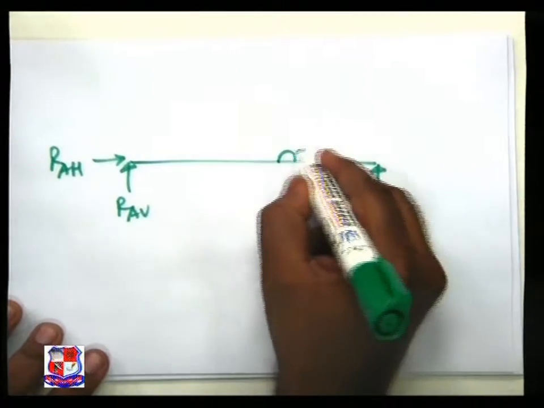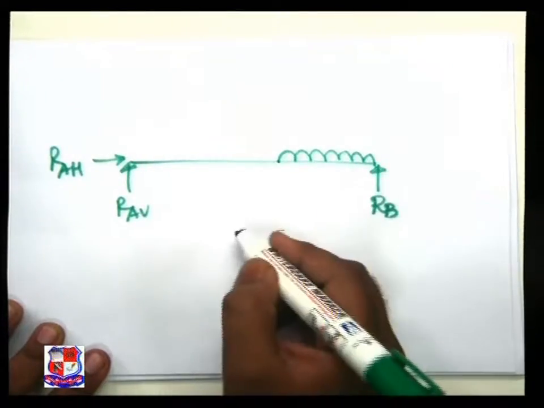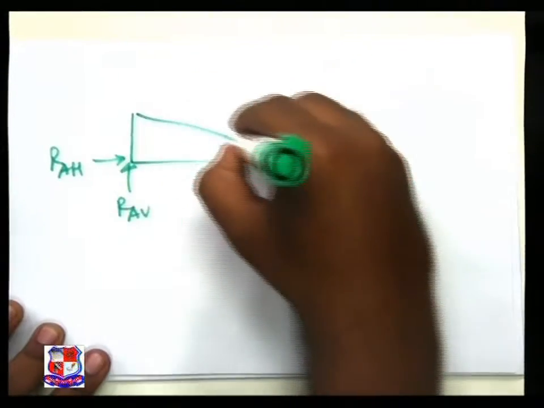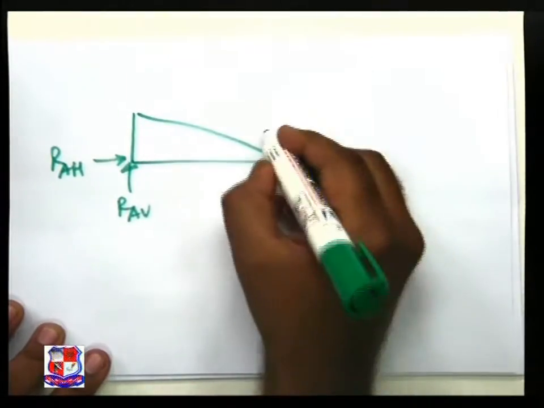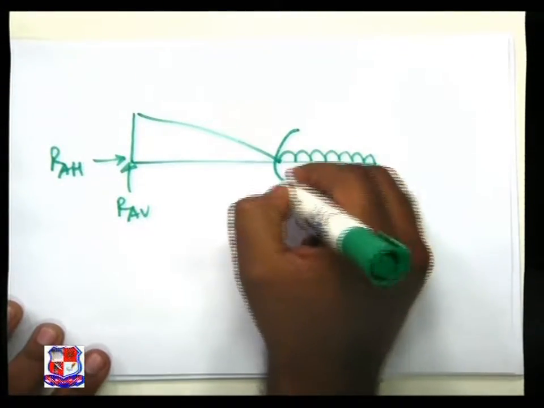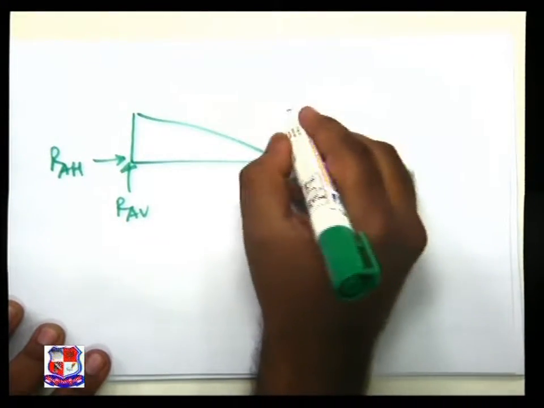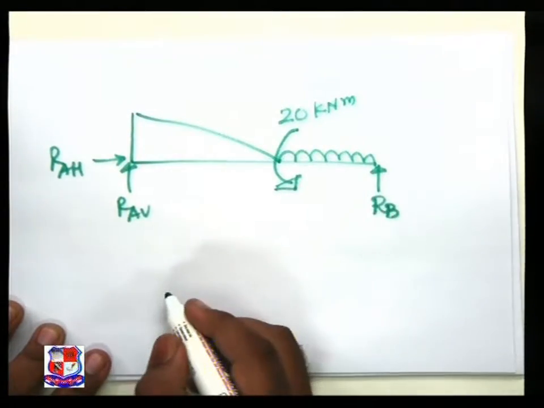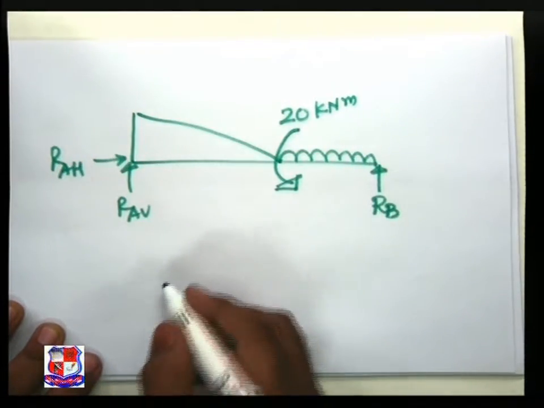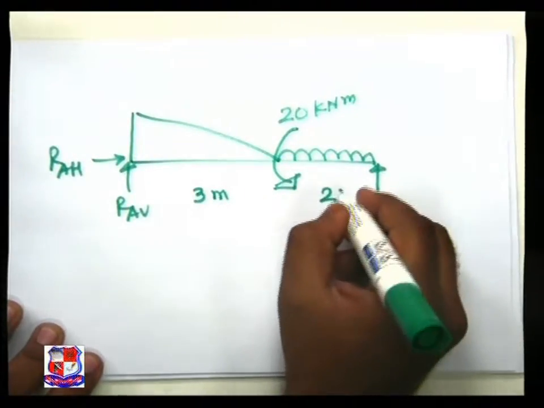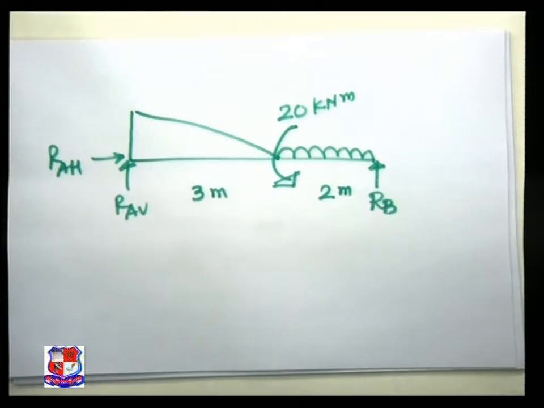The UDL is acting here, UVL is acting here, and an anti-clockwise concentrated moment of 20 kilonewton into meter is acting at a distance of 3 meter from support A. So this is 3 meter, this is 2 meter.